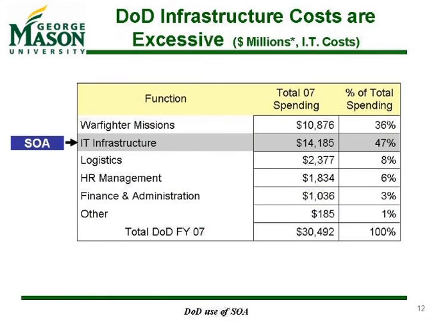And what they basically say, out of the total spending of $30.5 billion, you spend $2 billion on logistics, $1.8 billion on HR, finance, $1 billion, etc. The warfighters get 36% of it, $10.8 billion.